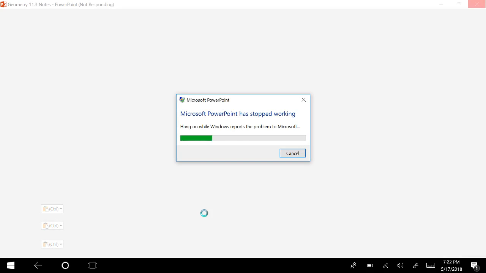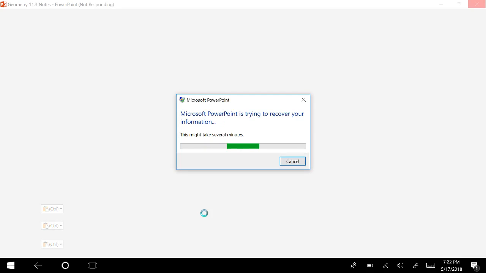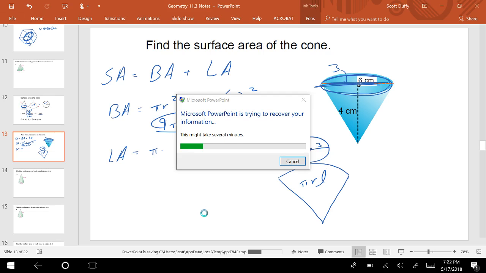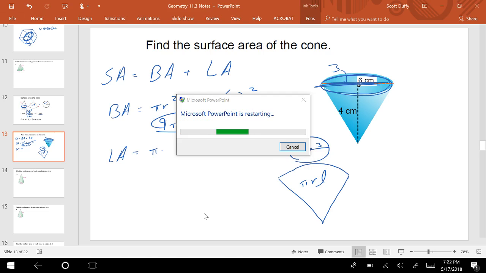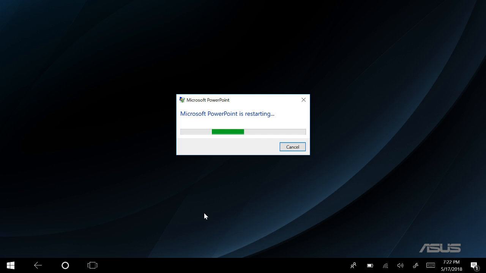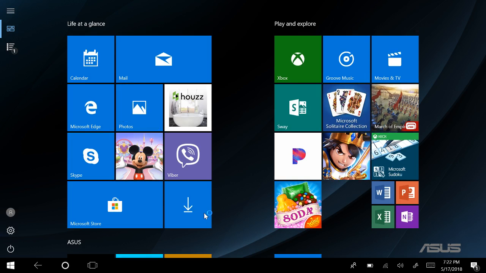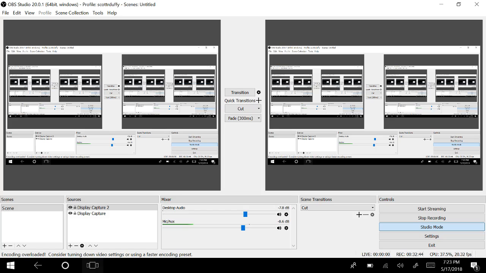And hopefully I don't lose everything. Fantastic. Okay, it might be coming back. Hopefully. This has happened before. Okay, at least I still have my recording.